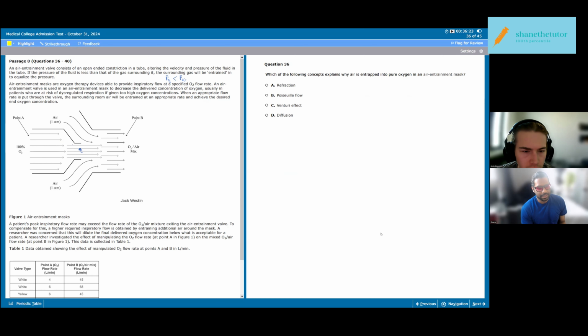So we could see that compared to point A, where the field lines are more spread apart, at point C they're closer together, which means that it's traveling faster. And if it's traveling faster, it's going to have what effect on pressure? Like pressure is higher.